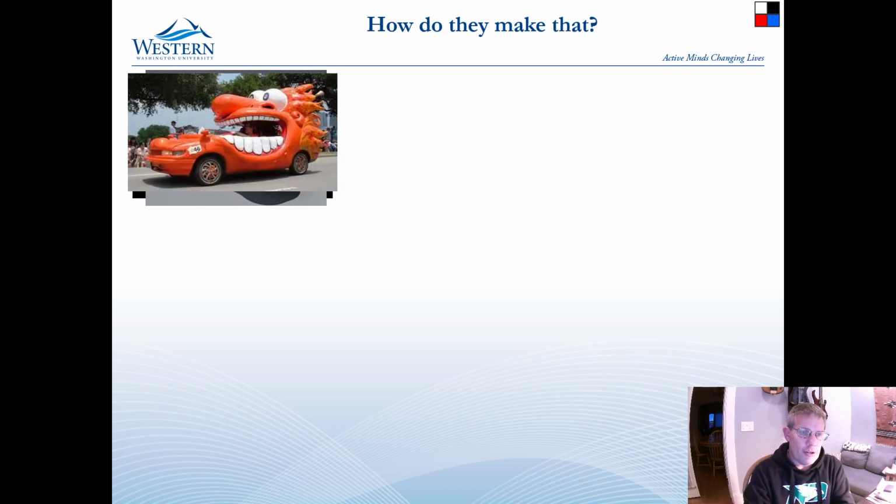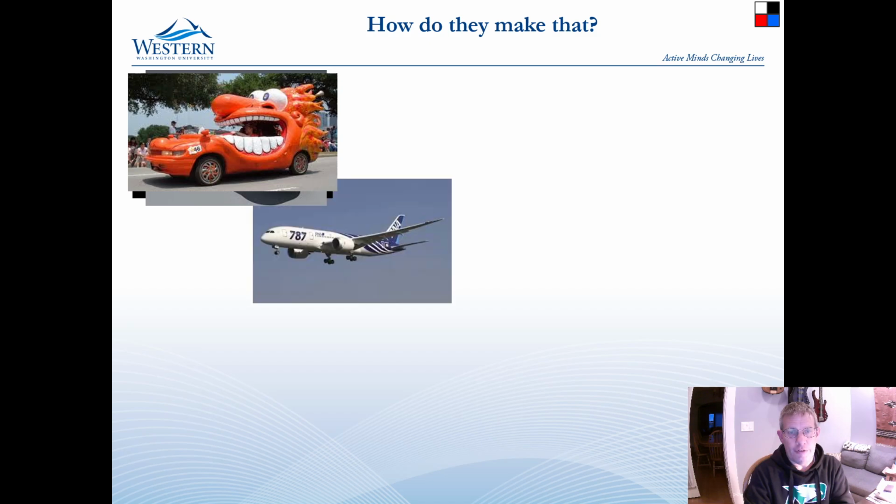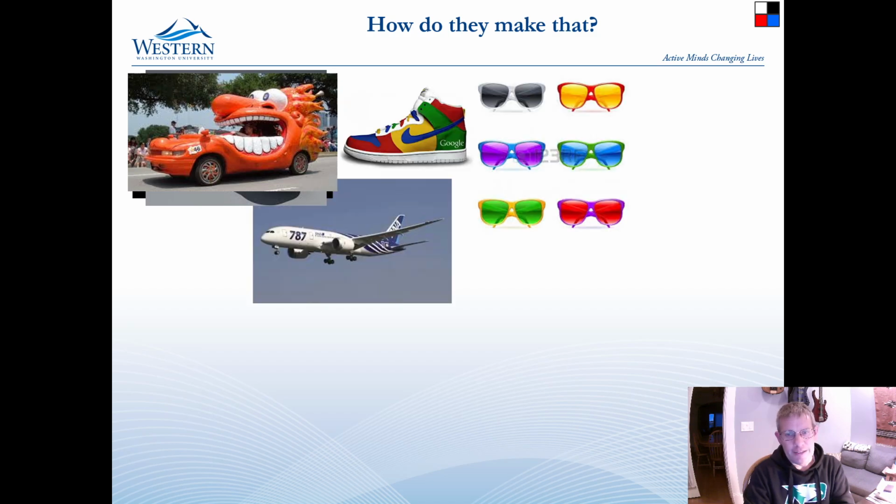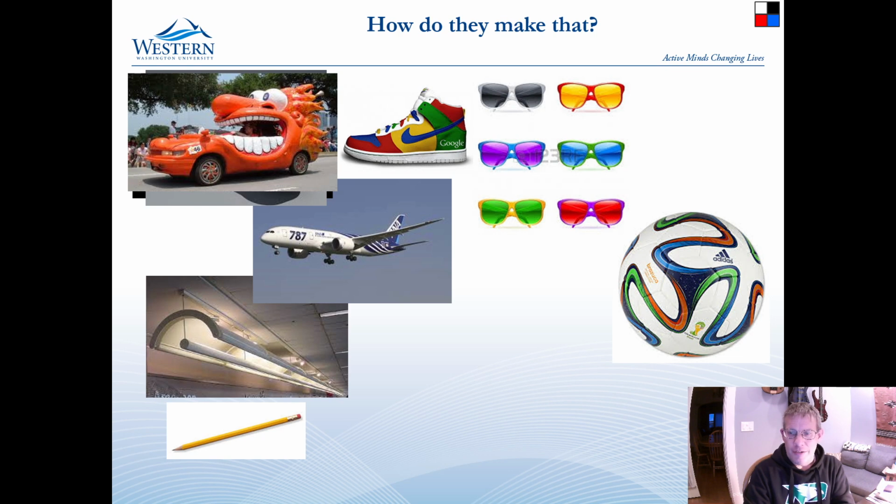And we'll talk about how you might produce the things that would be used to make that kind of vehicle. Planes, certainly. All of these items are mostly polymeric, but they require a lot of metal in the process of making them. The same goes for making soccer balls, or the lights that are in some of the classrooms.